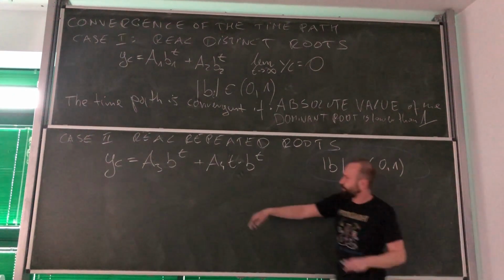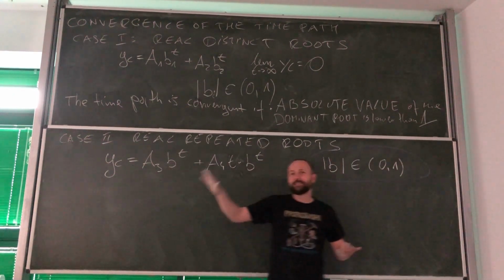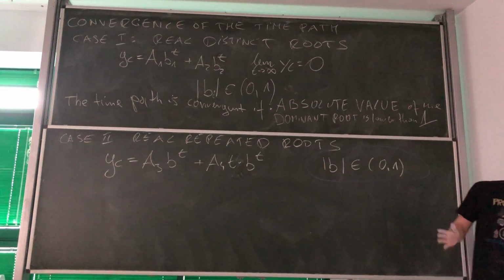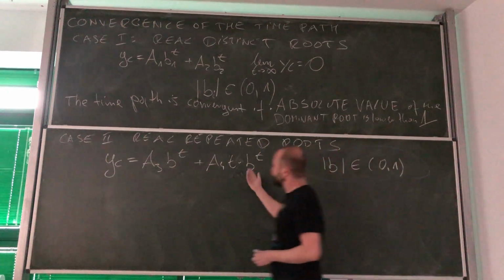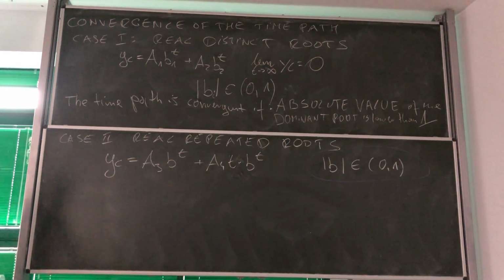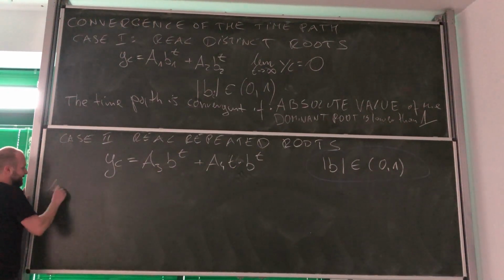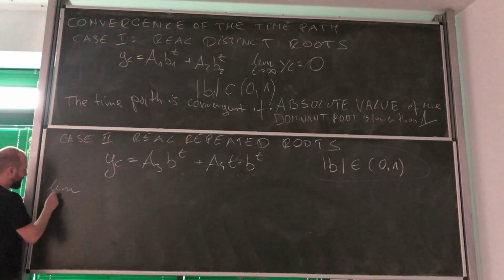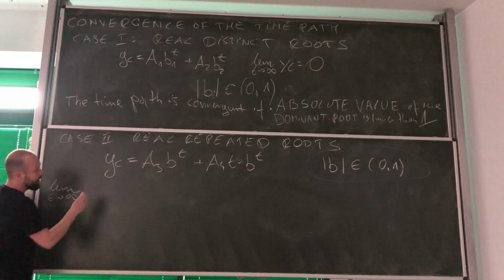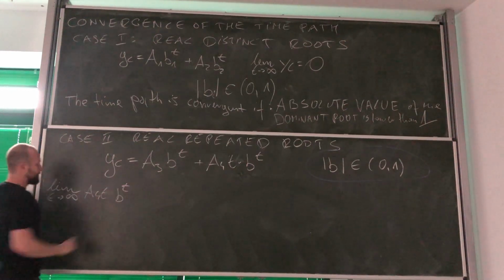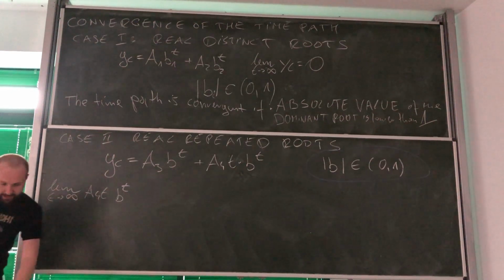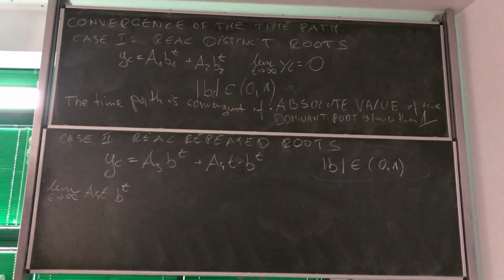So we know that this part is going to die out to 0, right? This is actually what we wanted. Now, the question is about the other part. So let's keep this part and let's just calculate the limit, with t approaching infinity, of a4 t times b to the power of t.